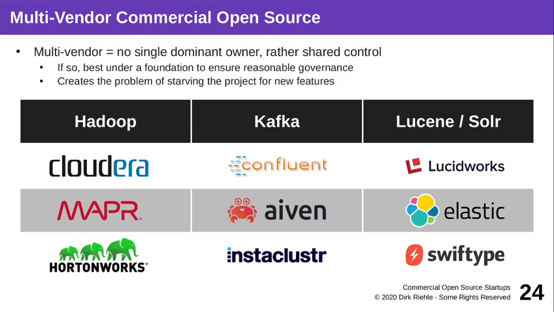So I talk about single vendor open source. Sometimes you also run into multi-vendor open source, which works along the same logic, but is slightly different because in multi-vendor open source, there is no single sole owner of the core software, or what's considered the core software.